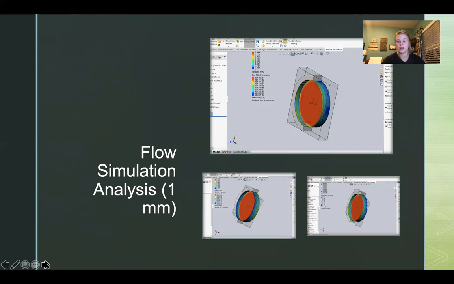I put a mass flow rate inlet on one side of the lid, and then I put a static pressure on the other side of the lid. What I chose to show is a cut plot of the velocity, just to show that it doesn't change throughout each one.